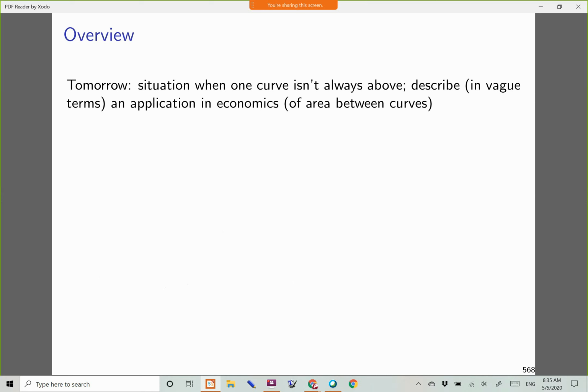I wanted to talk about the application without doing the skill thing, but then that would have made no sense. So if you at least go through this process of setting up the area between curves, and then see the cartoon version of what this is good for, then in a future econ class you could set up what you need to.